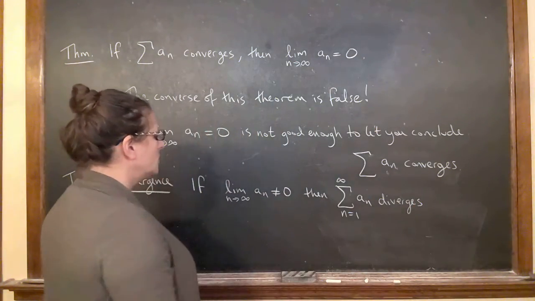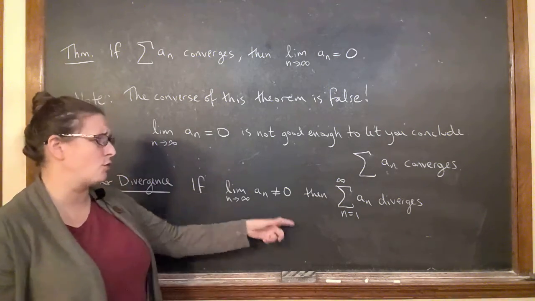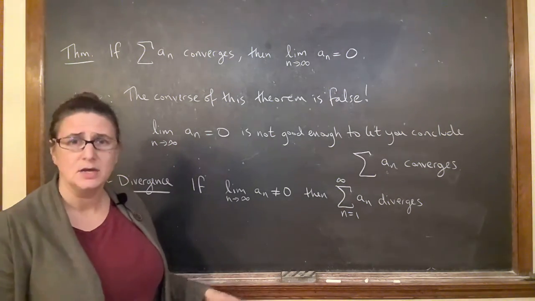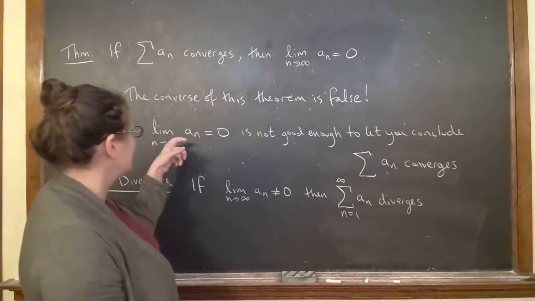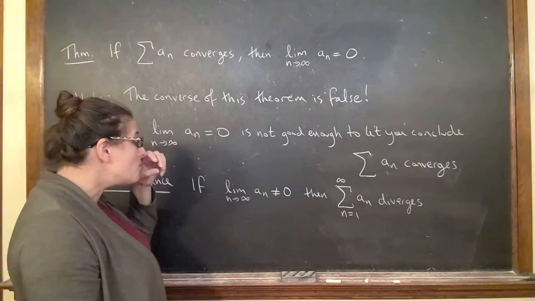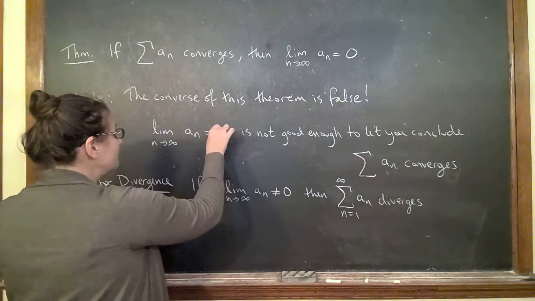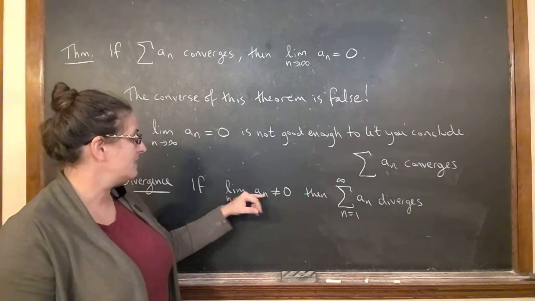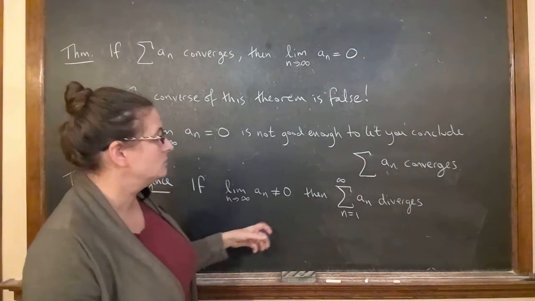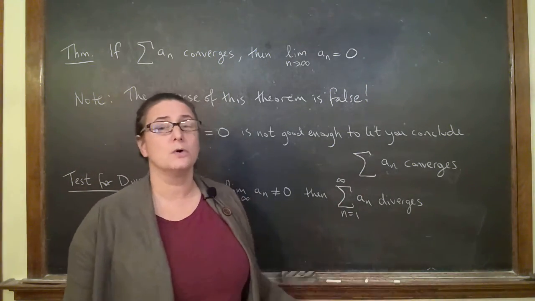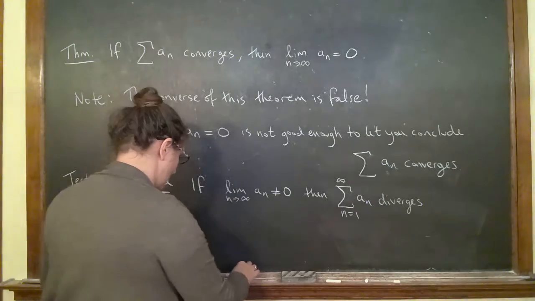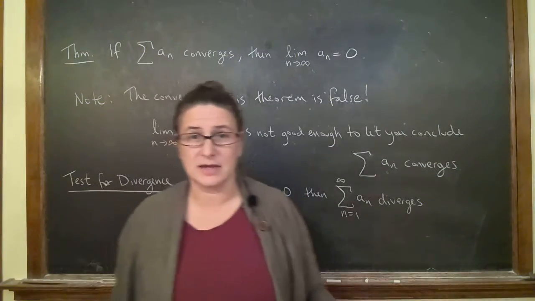Okay? So this doesn't tell you all of the divergent series because, as we saw, there are a lot of divergent series where a_n goes to 0, but if you have the limit of a_n not 0, then you know immediately that it diverges. So I'll just leave that there. That can be helpful with this section.